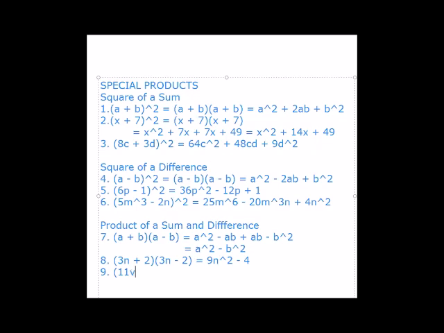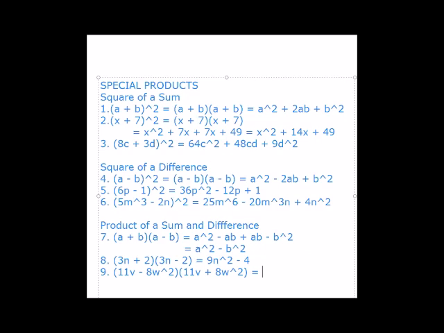11v minus 8w squared times 11v plus 8w squared. Did you get the given? 11v minus 8w squared times 11v plus 8w squared.